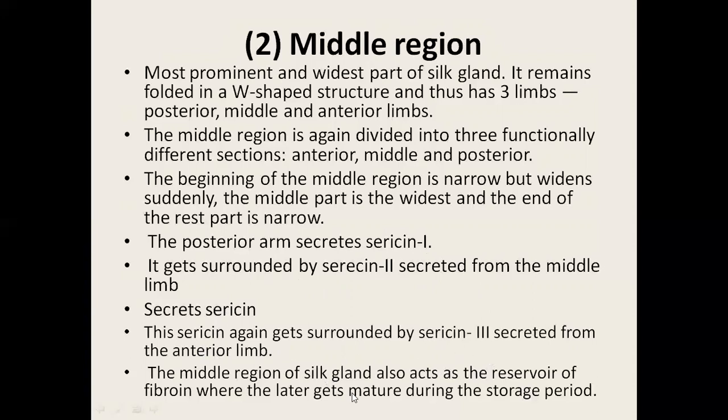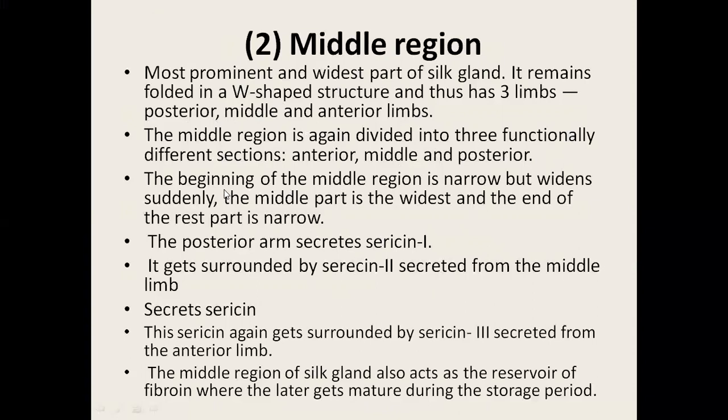The middle region of the silk gland also acts as a reservoir of fibroin protein, which gets matured during the storage period. So this is the middle part. It looks like a W-shaped structure, and it has three limbs: posterior, middle, and anterior limbs.